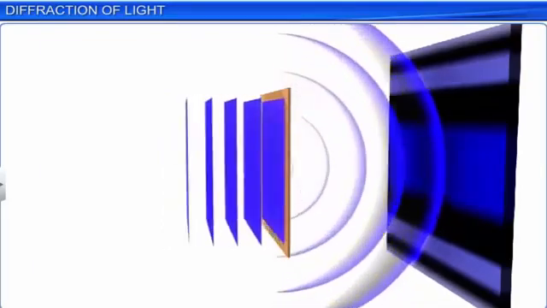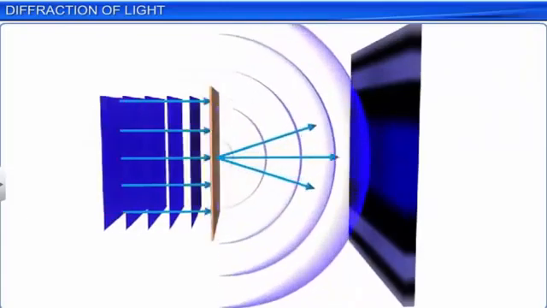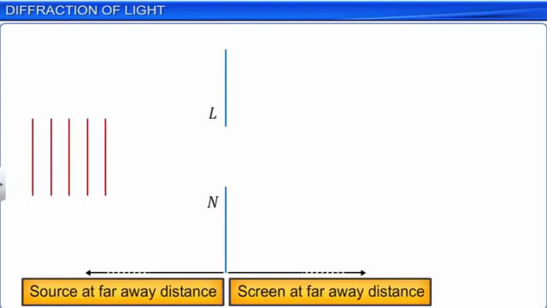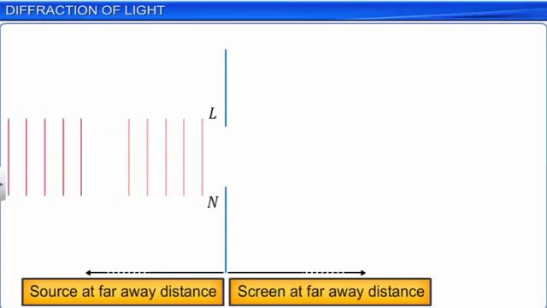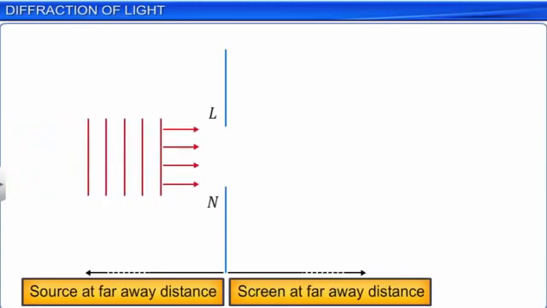We represent light as a beam of rays. Let the width of the slit LN be a. Let the source of monochromatic light and the screen be very far away from the slit. If the source is at a faraway distance, we can regard the incident light as plane wavefronts, or alternatively, the incident rays are parallel.